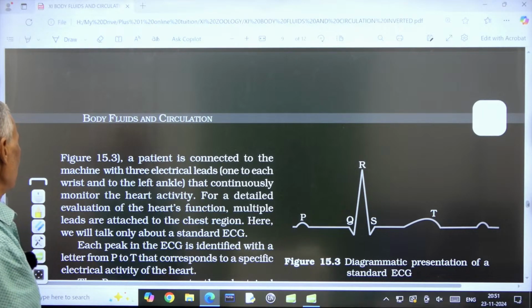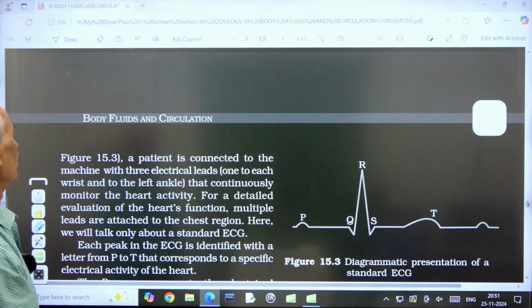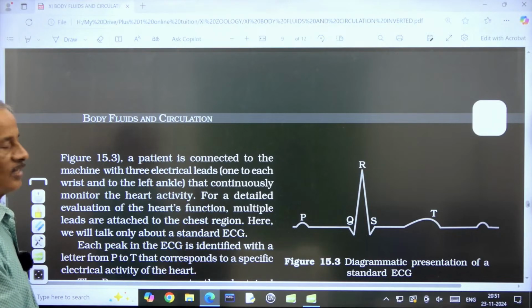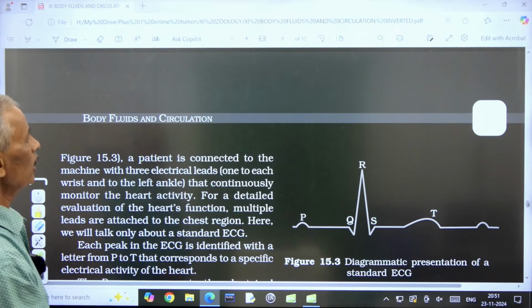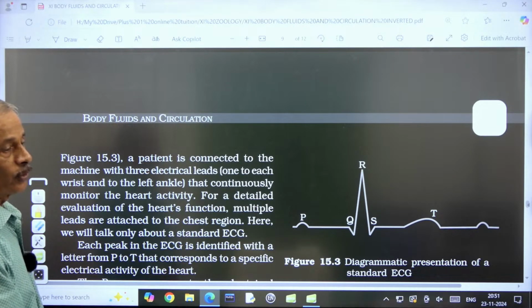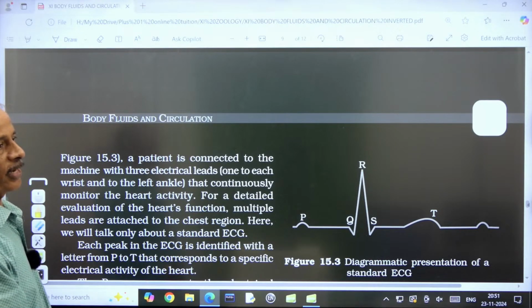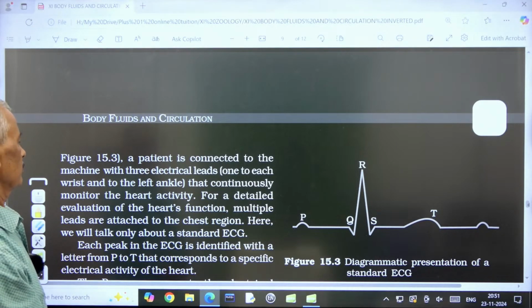But for a detailed evaluation of the heart, more leads, up to 12 leads, may be used, and these additional leads are attached to the chest region. Then only you will get a continuous recording of the ECG, which can be either viewed on a screen or recorded on graph paper.